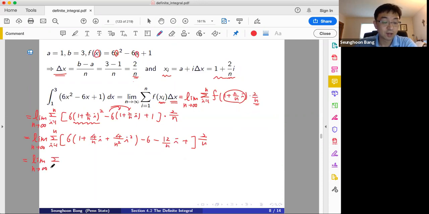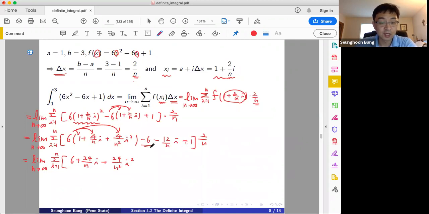Infinity, summation i equal 1 to n, distribute 6. So 6 plus 6 times 4 is 24 over n i, plus 6 times 4 is 24 over n squared i squared. There is a plus 1 here.